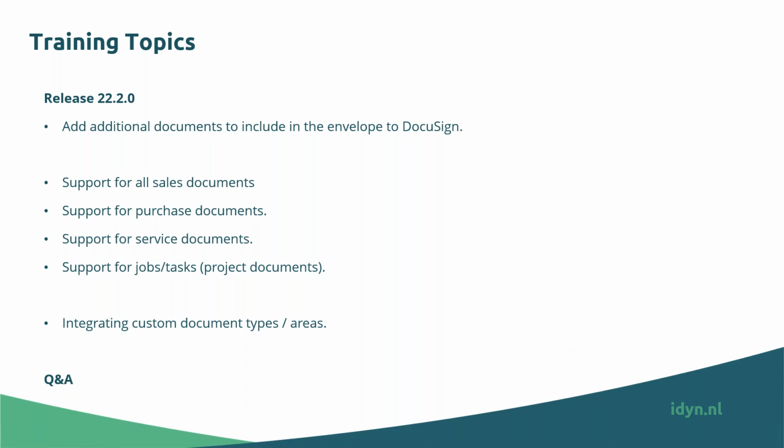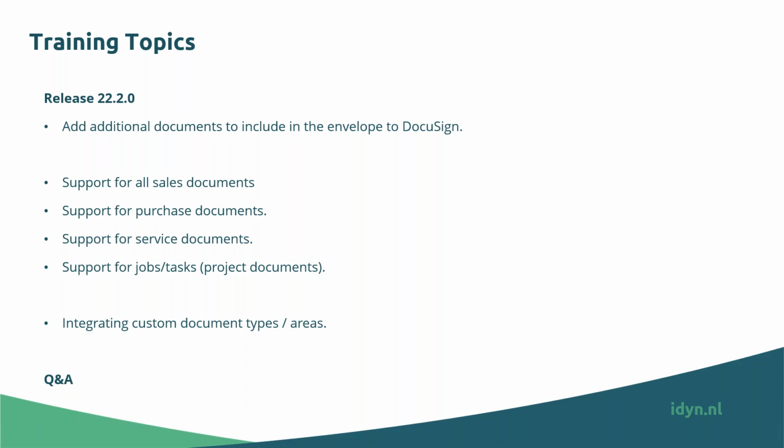So with this release, we have added the possibility to add additional documents. Previously, we generated the standard report according to the document that was used. And now we also have options available to add additional static documents.